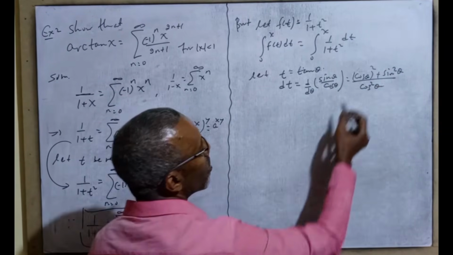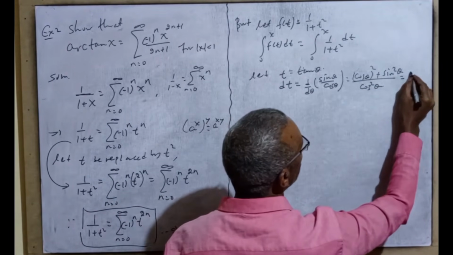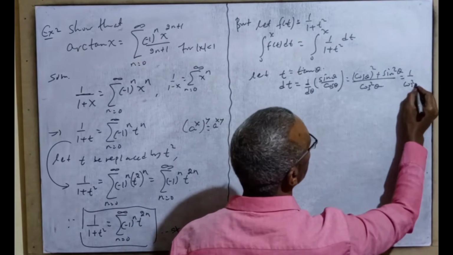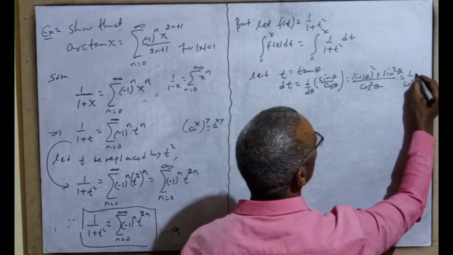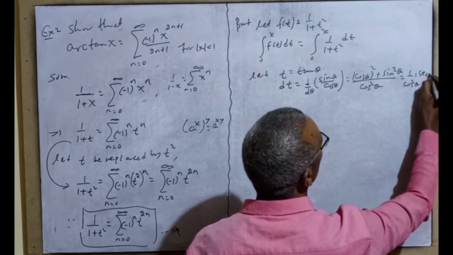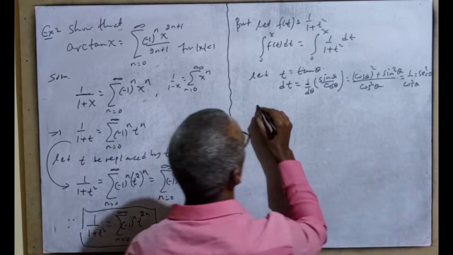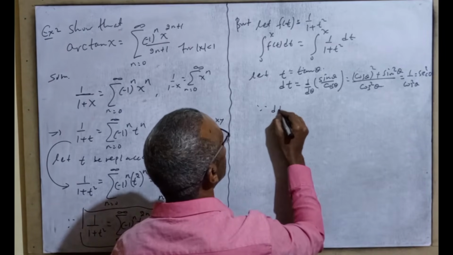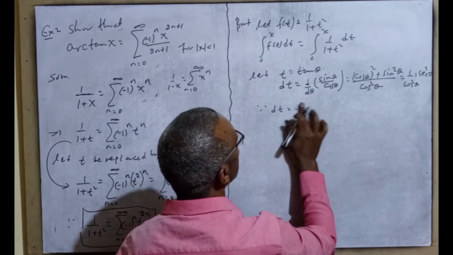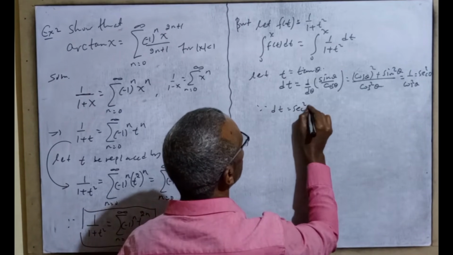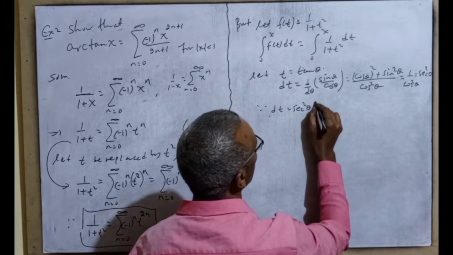Cos square theta plus sin square theta is 1, so we get 1 over cos square theta, which is sec square theta. Therefore dt is equal to sec square theta d theta.